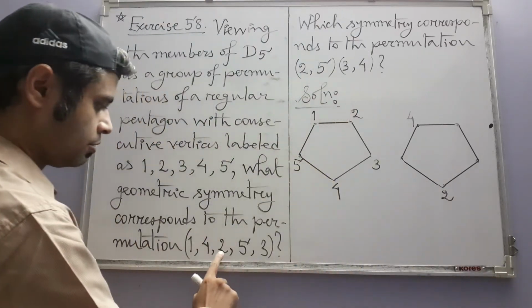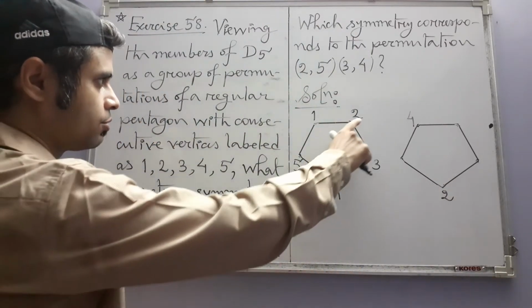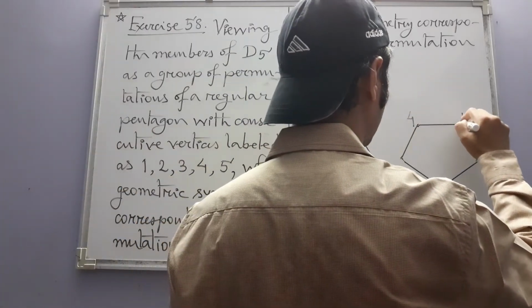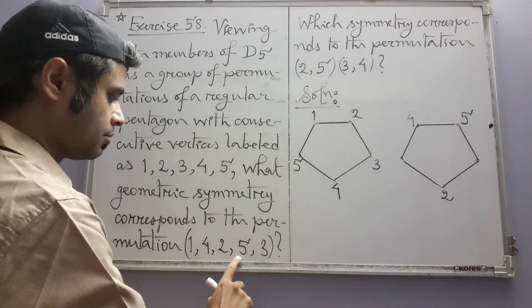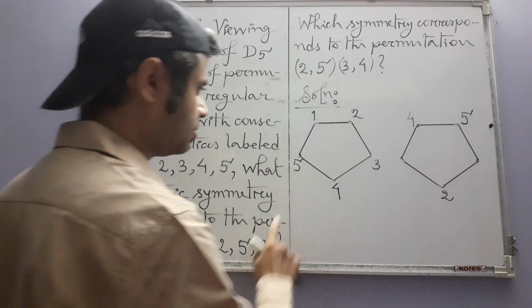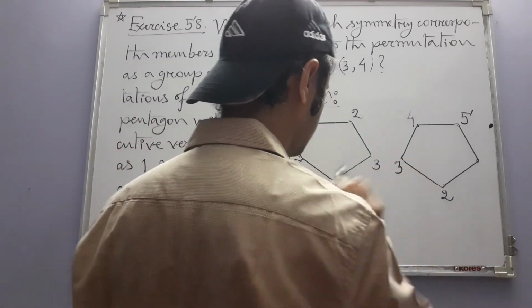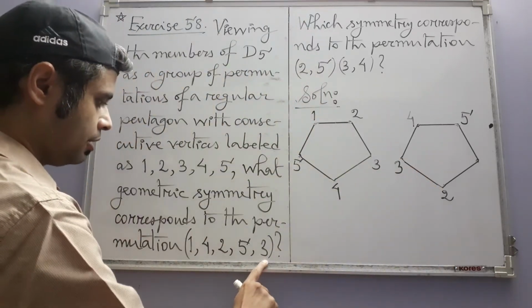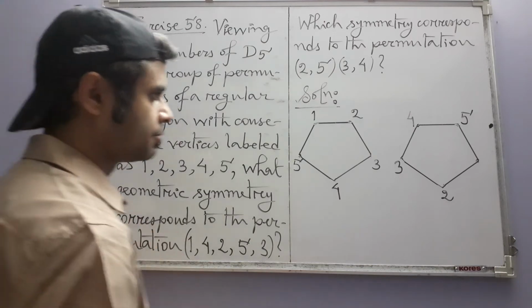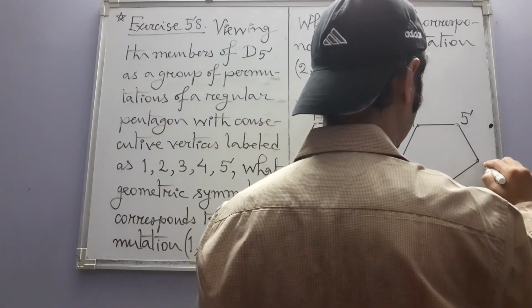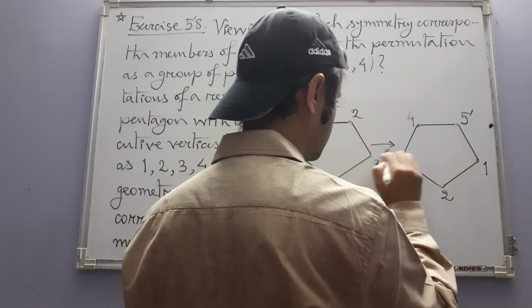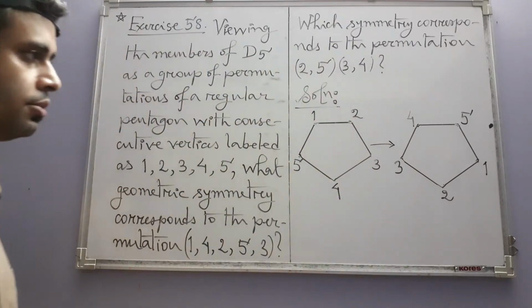Okay, 2 becomes 5. 5 becomes 3. And 3 becomes 1. So this is our transformation.